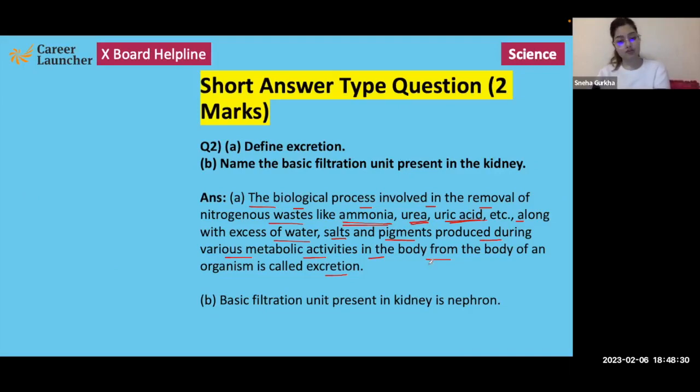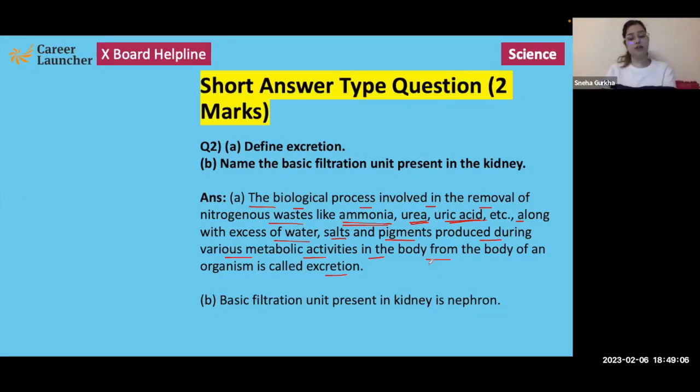Here we have mentioned that it is the process of removal of nitrogenous waste, which can be ammonia, urea, or uric acid, depending on the habitat of the organism. Along with that, some amount of excess water, salts, drugs, or certain pigments are also excreted out of the body. These wastes are byproducts of the ongoing metabolic activities that take place in the body.